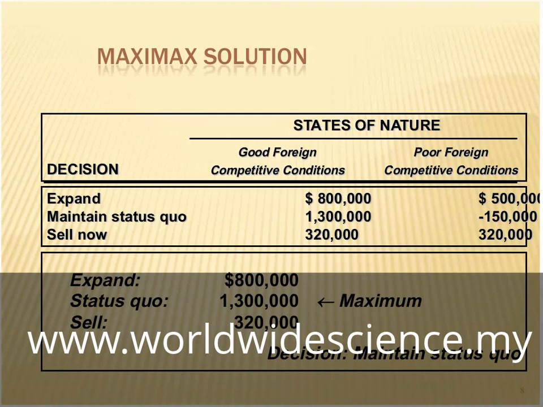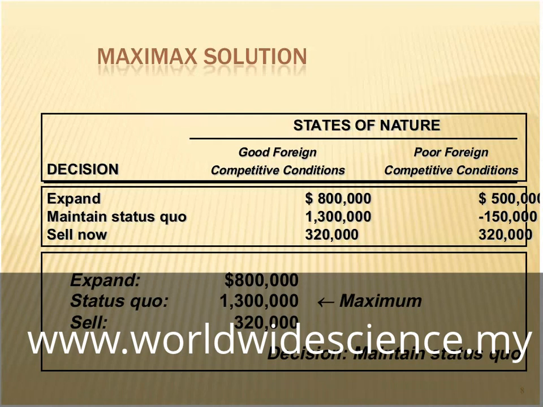So the maximum of maximum means at first you should select the maximum number in each decision, and after that you should select the maximum of these maximums. For expand, the maximum number is 800.